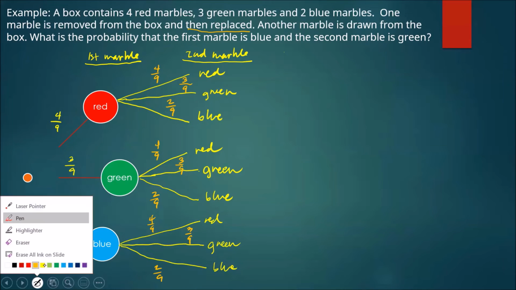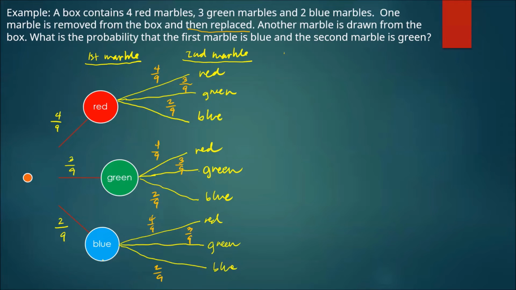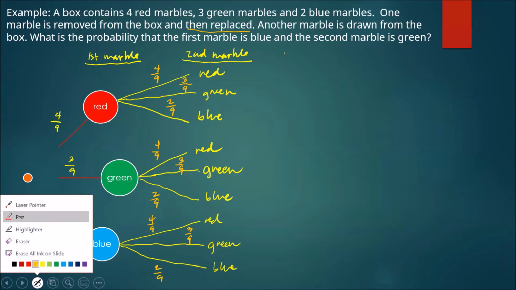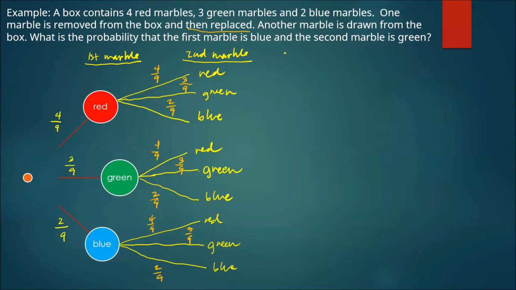Okay. Now, what are the outcomes? For our outcomes, we have here, the first marble is red and the second marble is red.